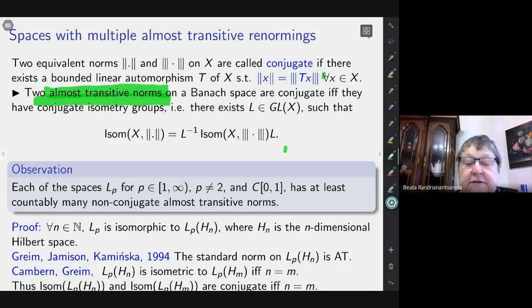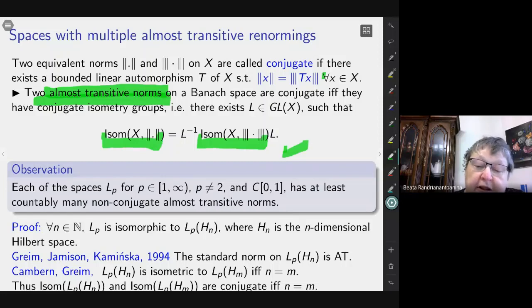I said that if this isometry group was trivial, this wouldn't necessarily be the case. But of course, if the space is almost transitive, the isometry group has to be large. So in that case, if both of these norms are almost transitive, then this condition and this condition are the same condition. And this is what I want to talk about here.